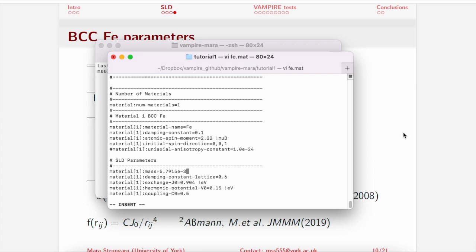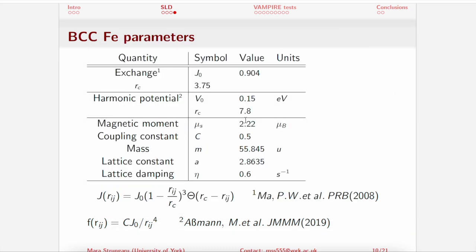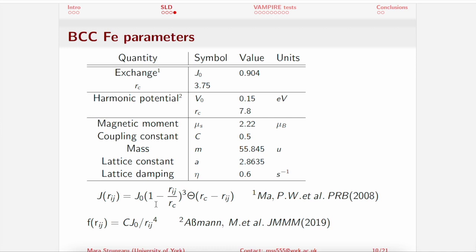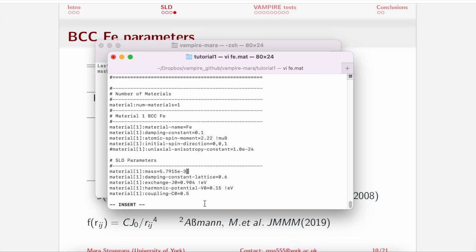So we give here the mass of the atoms, which is in this unit. The exchange constant, which is in electron volts. So the exchange has this form here, implemented as here. The harmonic potential strength, in, again, electron volts, and the coupling.